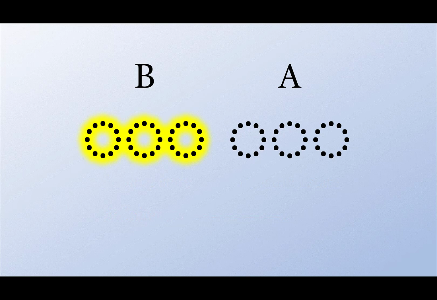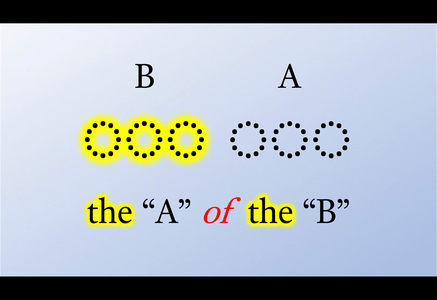So the result in this case, using the glow there on B to show that that's a definite noun, is the A of the B. So even though A, just reading it on the page, does not have a marker of definiteness, the fact that it's in construct relationship with B and that B is the final noun in the construct chain means that A is just as definite as B.